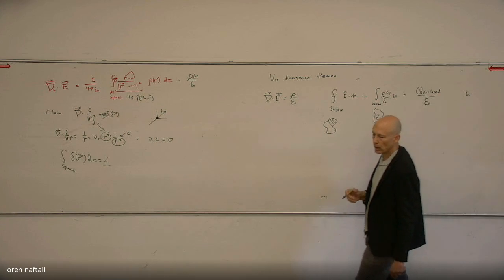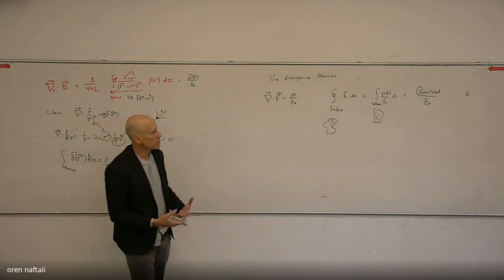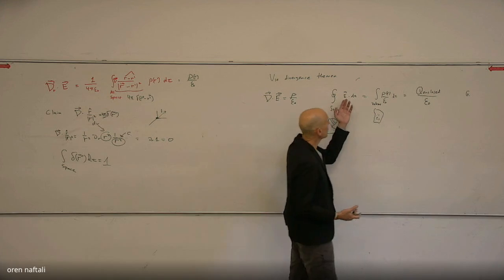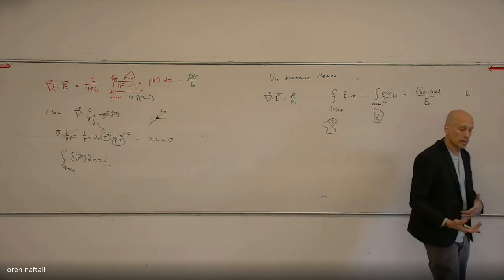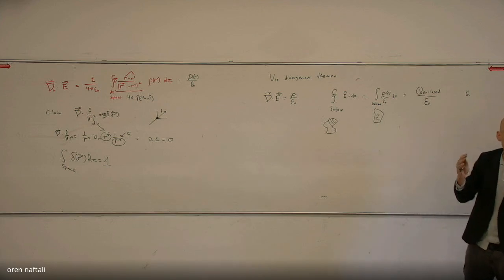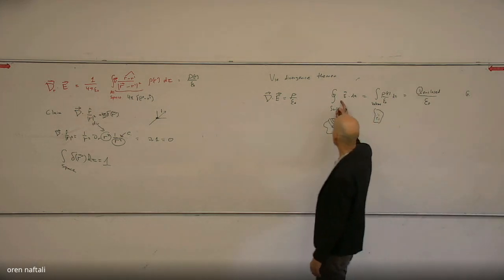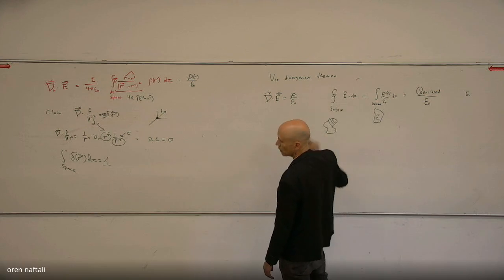It's useful. For example, let's say you calculate some problem, you calculate the E from some rho in a different way, and then you can check this by integration over the surface, whether or not you made a mistake. If you have some symmetry, this is very useful.